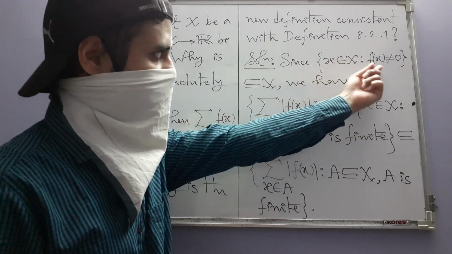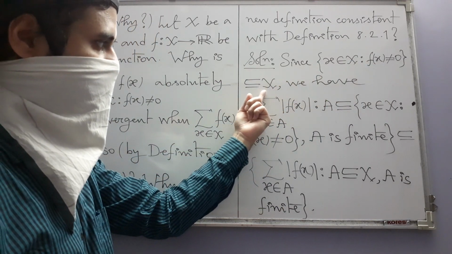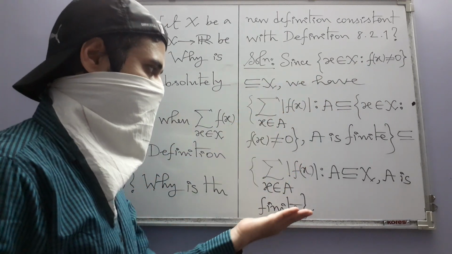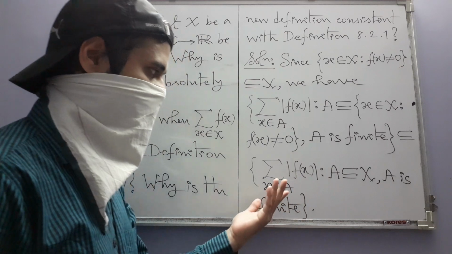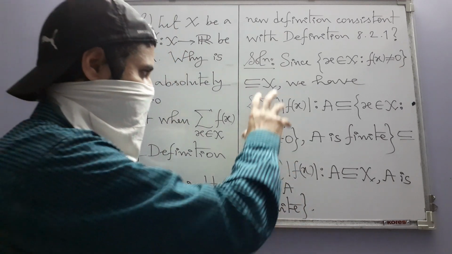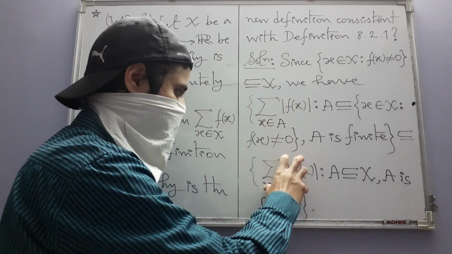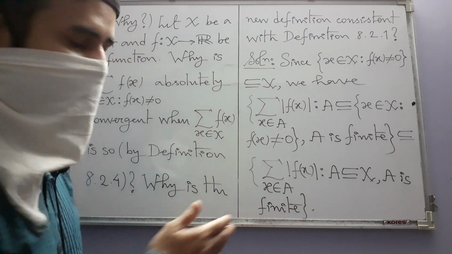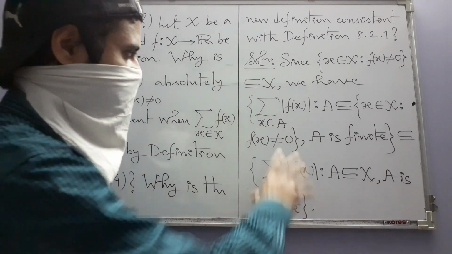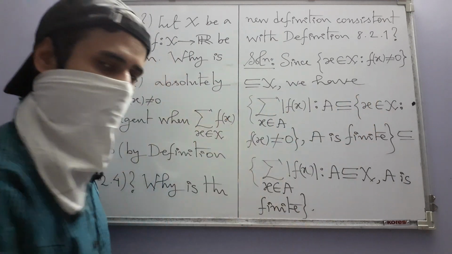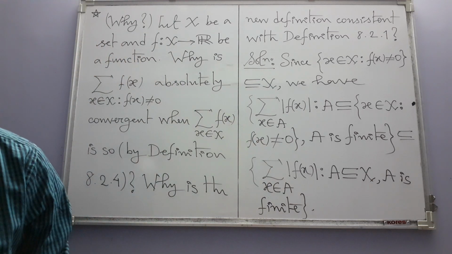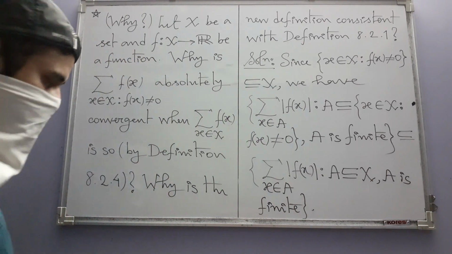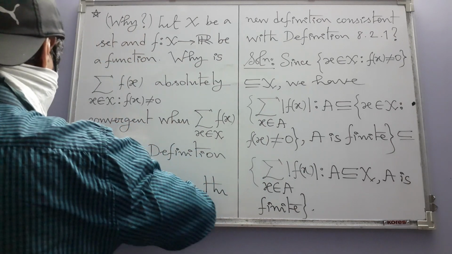But since this set itself is a subset of X, so automatically that A would be a finite subset of X. So that sum would naturally belong to this set also. And that is how this is a subset of this. And now it has its consequence.